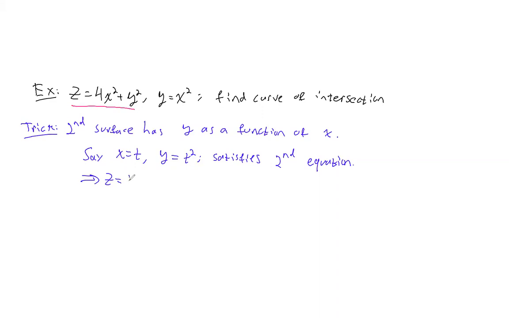Well, it's going to be 4t squared plus y squared, or in other words, t to the 4th plus 4t squared. So we're going to get r of t equal to t, t squared, t to the 4th plus 4t squared. Oh, whoops. I'll try doing that in a way that doesn't cut through my final answer.